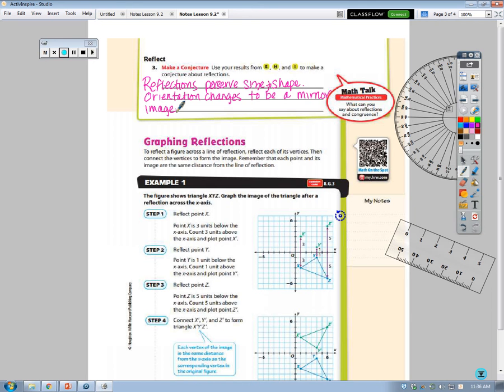The lines of reflection we used in these examples were the x and y axis, but it's not always going to be the x and y axis, okay? So the orientation changes. Reflection preserves size and shape. Size and shape do not change, but orientation changes and the location changes, right?